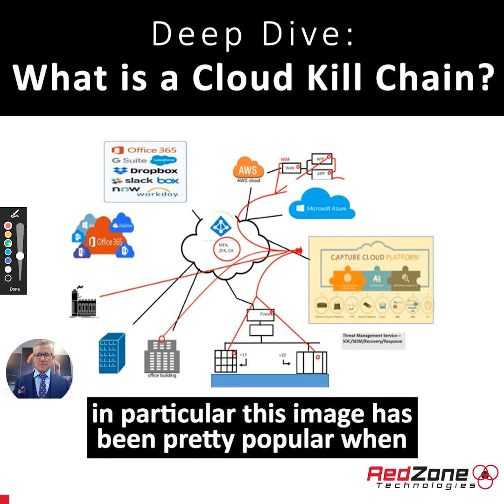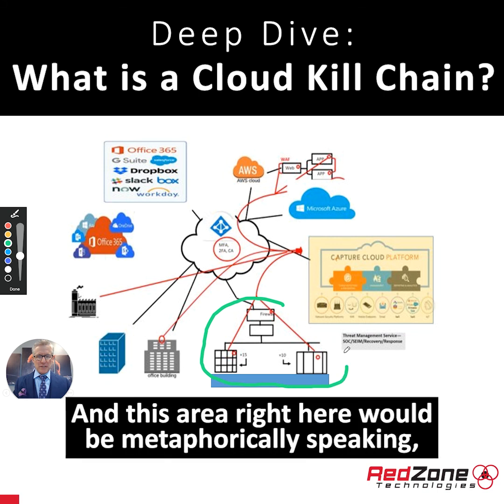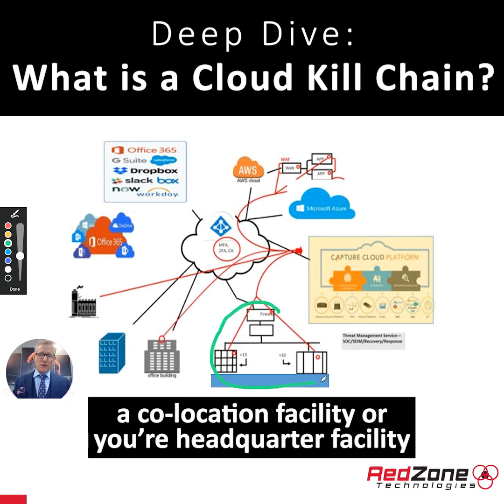In particular, this image has been pretty popular when I explain it in front of crowds of CIOs and security lieutenants. And this area right here would be, metaphorically speaking, a co-location facility or your headquarters facility.